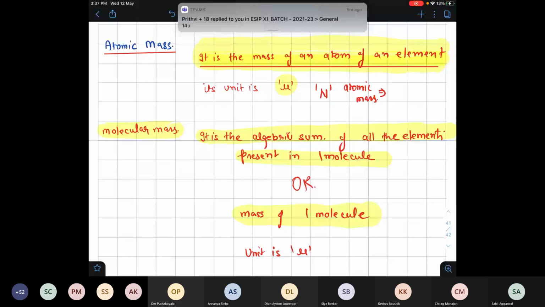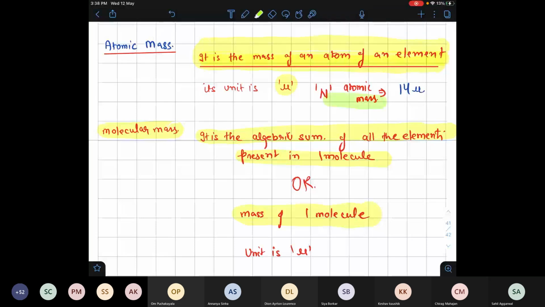Mass has unit, number does not have unit. Didn't we talk about it? Mass number does not have unit.